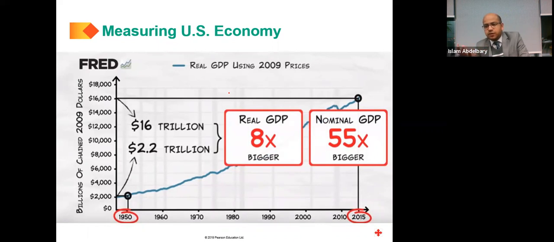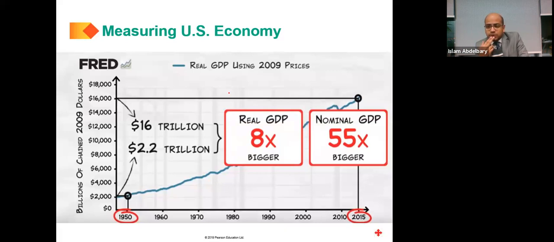So the size of the US economy actually increased 8 times. So using nominal it is 55 times, using real it is 8 times.